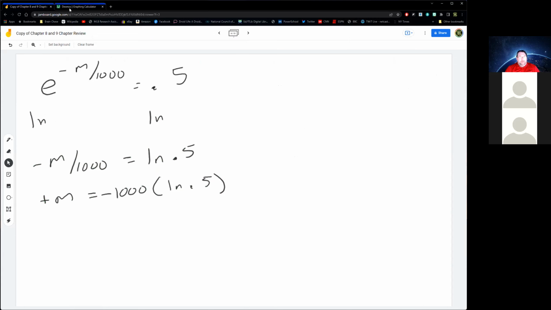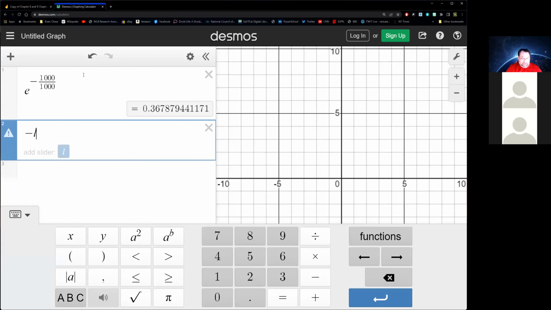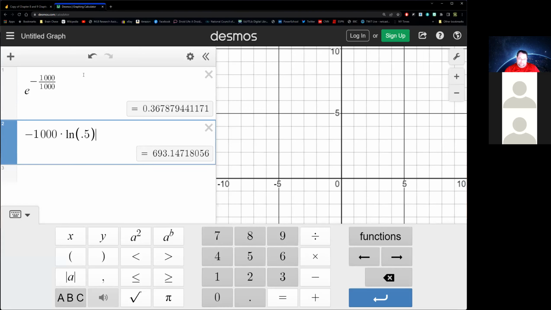So now we go back to our calculator. And I do negative ln, and we get 693, and it wants it to the nearest 1 decimal place, 0.1 hours.